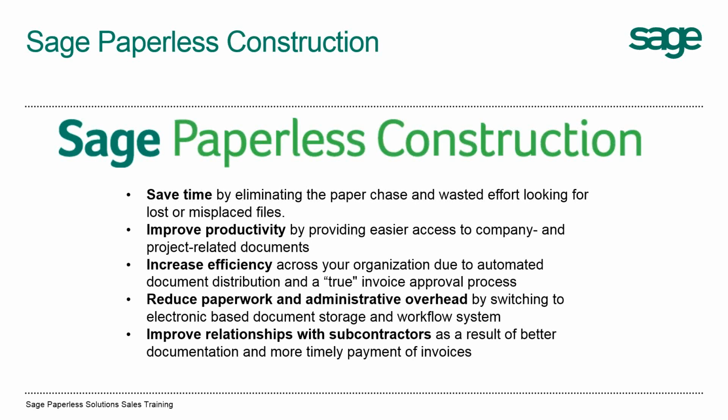It improves productivity by providing easier access to your company and project-related documents, accounts payable, human resources, all types of documents, as well as a true invoice approval process through the system to make sure the proper people are looking at the invoices, making sure they're approved, and you're not losing any potential discounts because things have just fallen into oblivion.